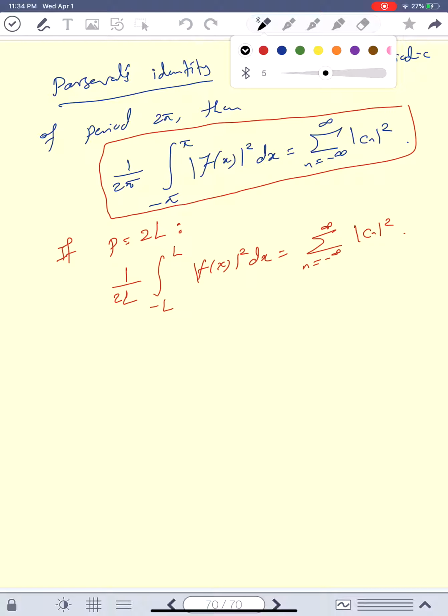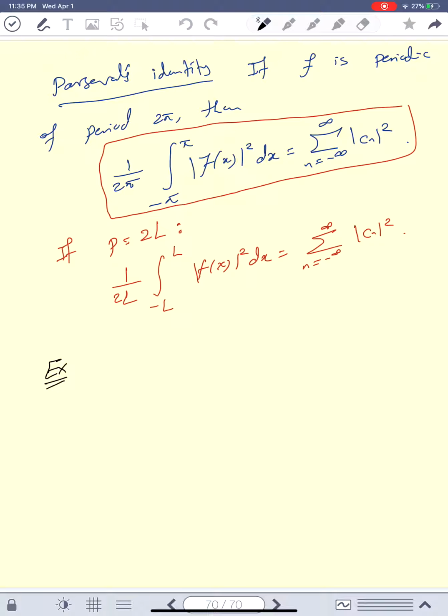The two forms are equivalent. We'll see them. But before the real Parseval's identity, let's see an example on how to apply it and what is the nice application of Parseval's identity.